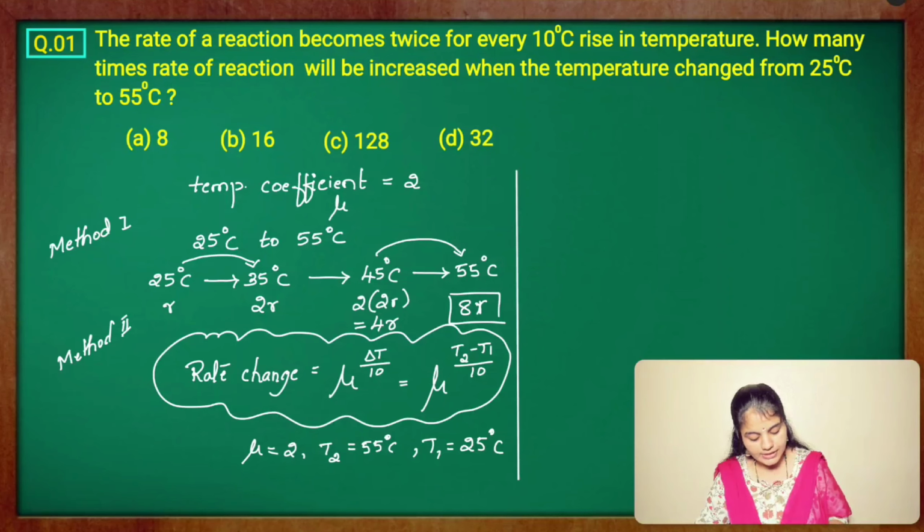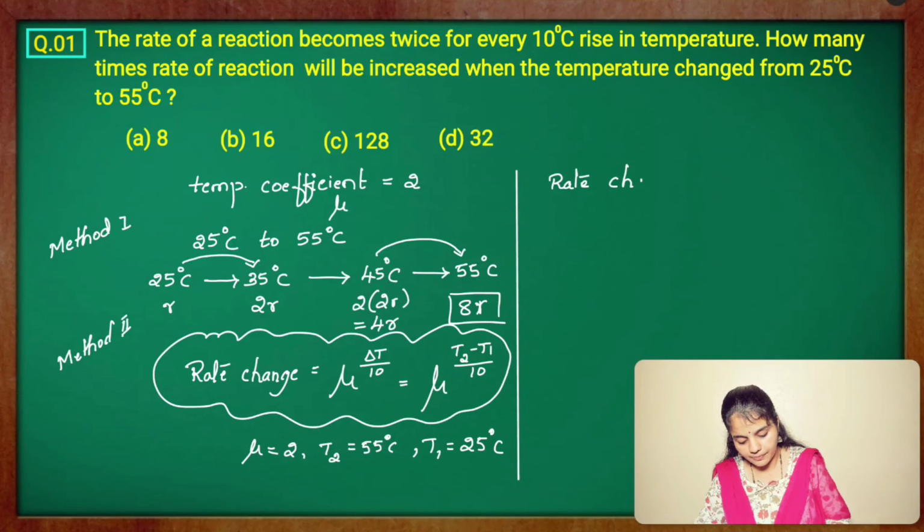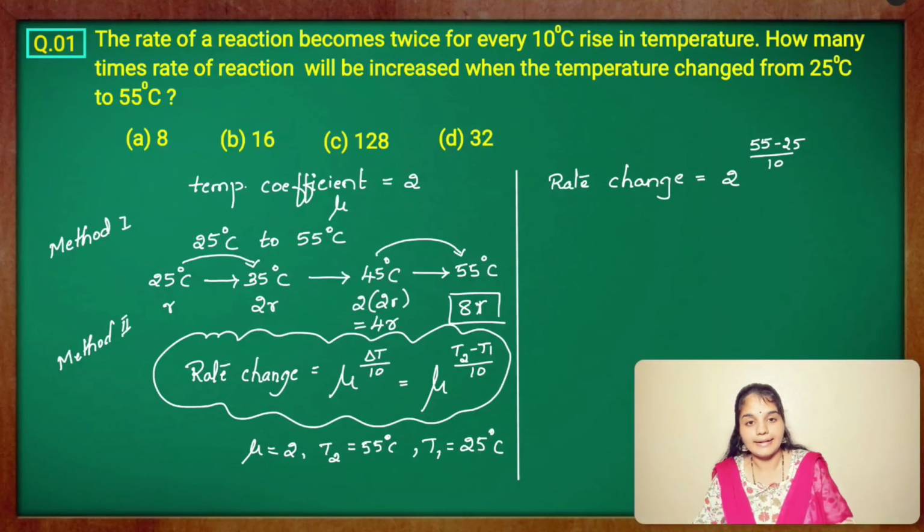Substituting these values into the formula that I have written, so I can write rate change is equal to mu to the power delta T by 10. So mu is 2 raised to delta T, it is 55 minus 25 divided by 10.